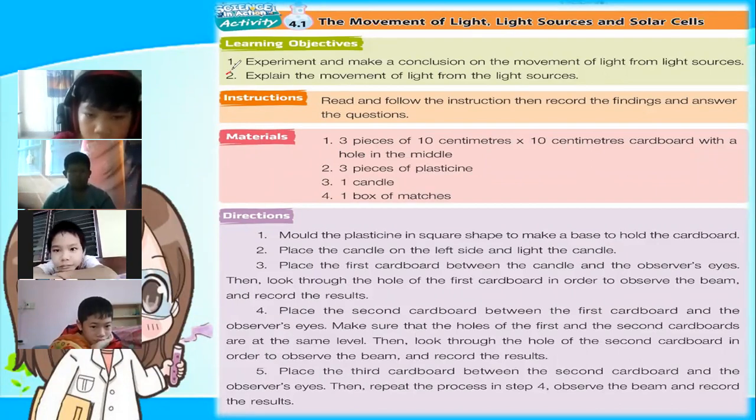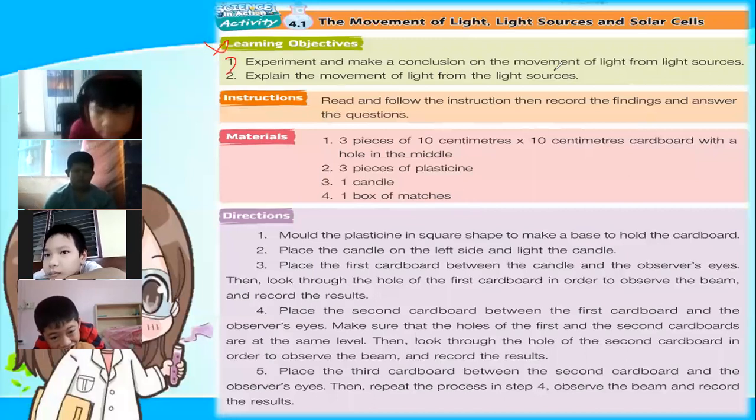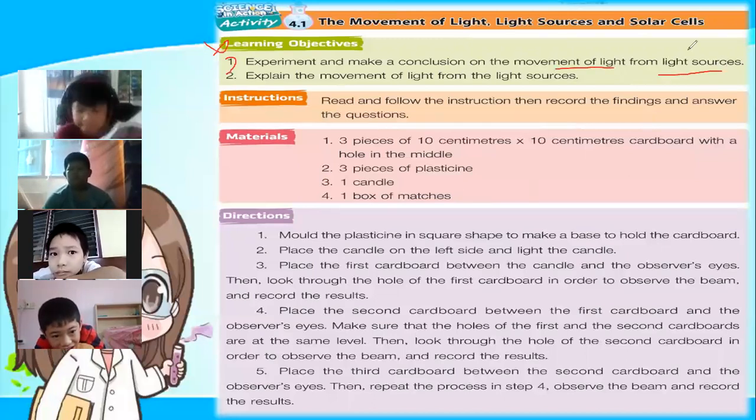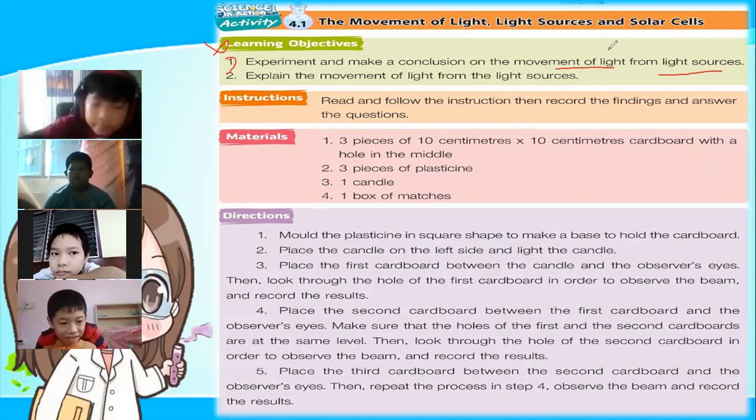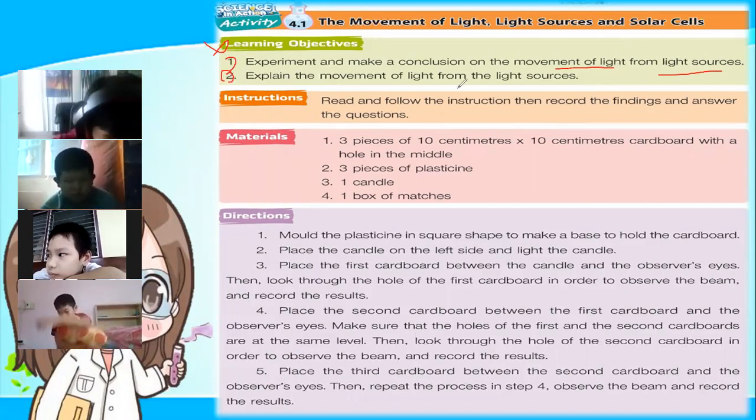So here are the learning objectives: to do the experiment and make a conclusion on the movement of light from the light source. We are going to observe how the light moves from the light source, and second, explain the movement of light from the light source.